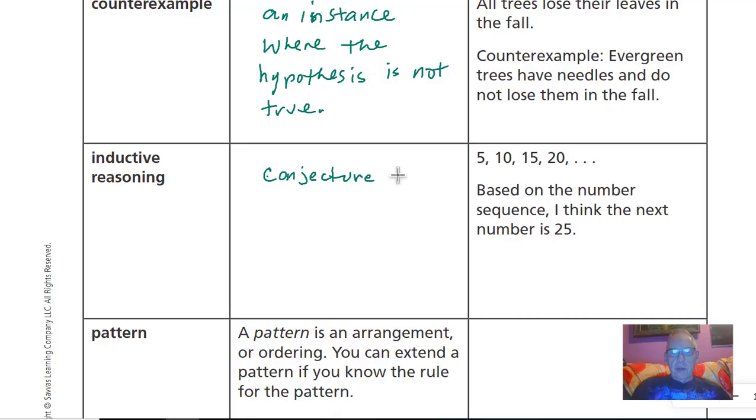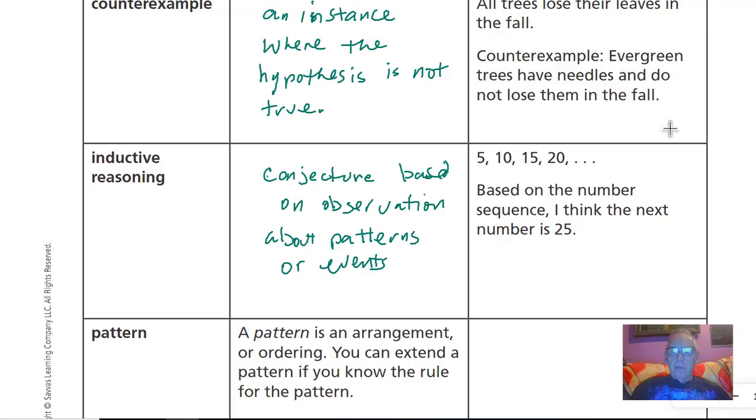So I'll say conjectures based on observation about patterns or events. 5, 10, 15, 20, the conjecture would be that based on the sequence I see, the next number is going to be 25, 30, 35, and so on, using multiples of 5.